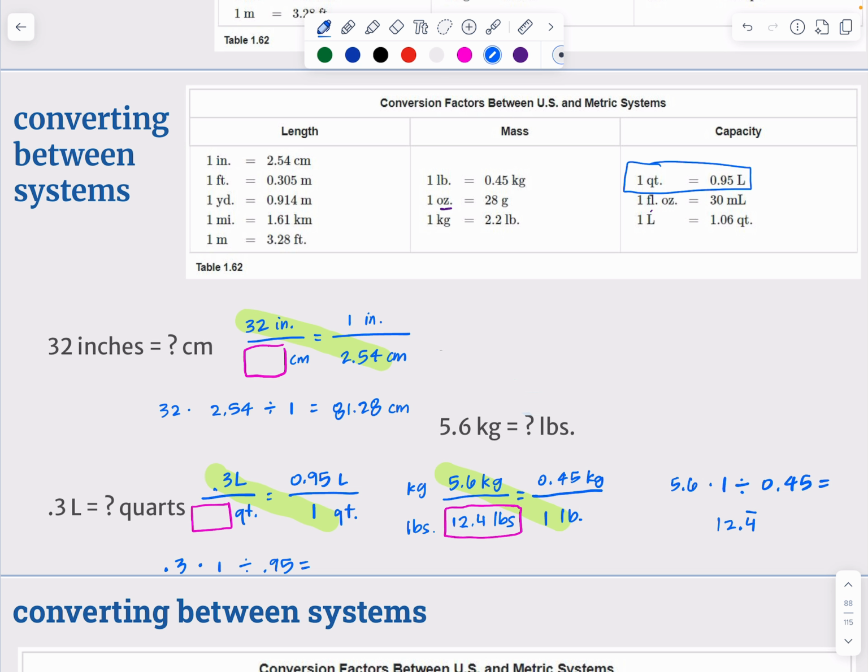Comes out to be about, another long decimal, 0.947. So this is going to be about, oh, wait a minute. I made a mistake here. Hang on. Let's try this again. 0.3 times 1 divided by 0.95. The 0.3157, we're going to round that to 0.32. Put that in here.